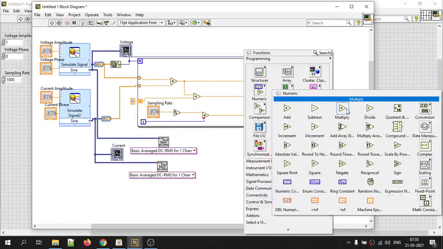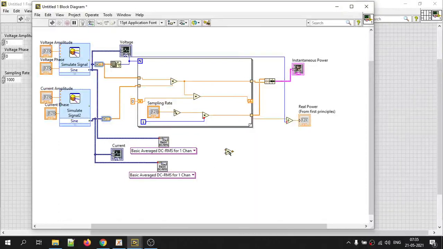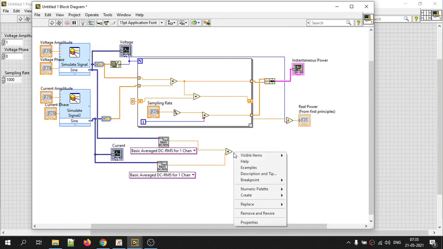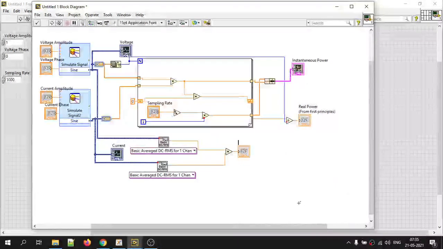For the apparent power, we require the product of the RMS value of voltage as well as the RMS value of current. Let us create an indicator here. This is apparent power. Okay.